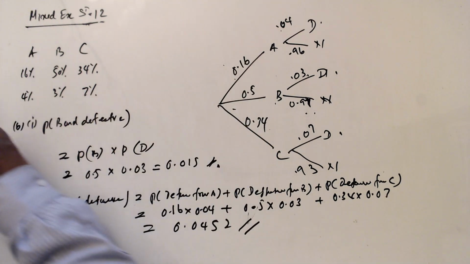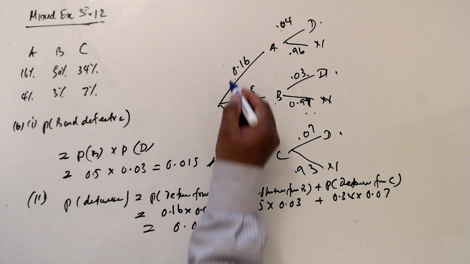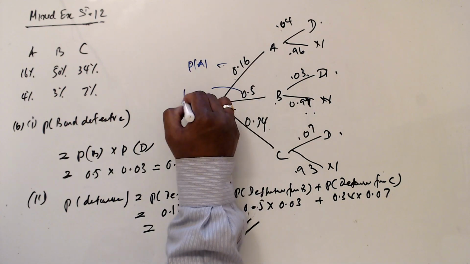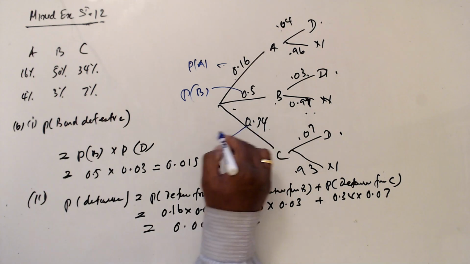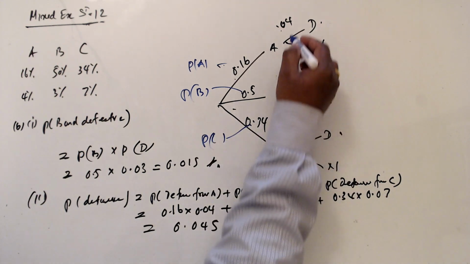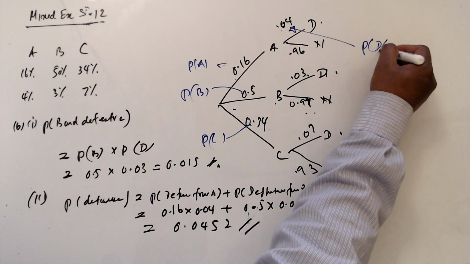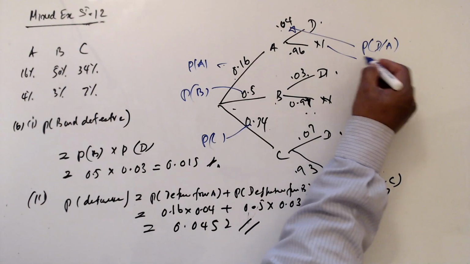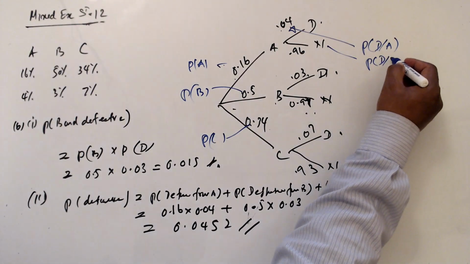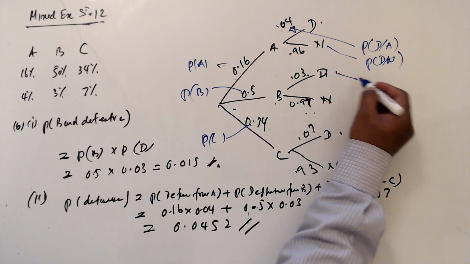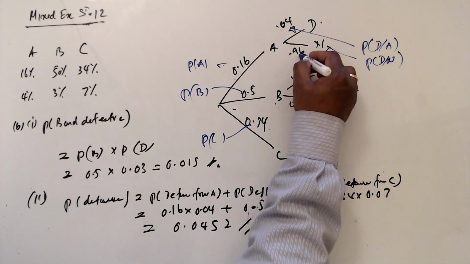This is the probability of A, B, C. This is P(D given A). This is P(non-defective given A).